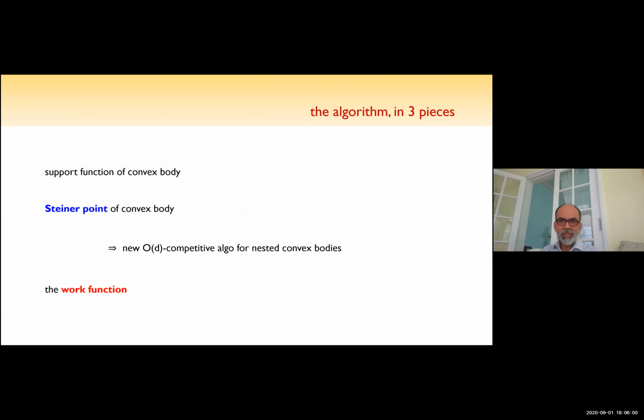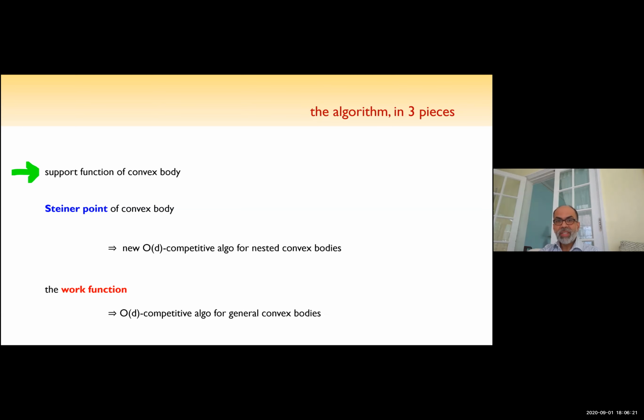And then I'll define the work function, which those of you who work in online algorithms have known for a long time. Using this, I'll give you the algorithm for the general case. Okay, let's roll up our sleeves and get down to business.